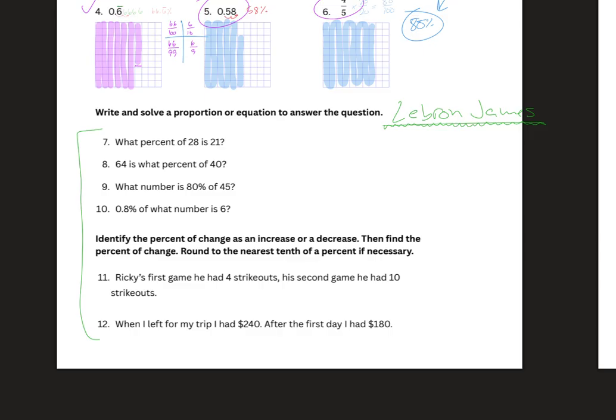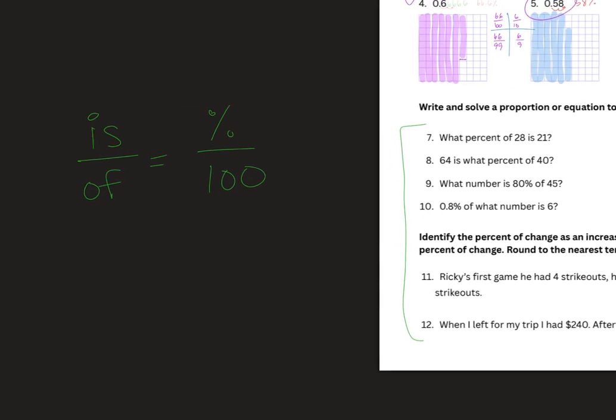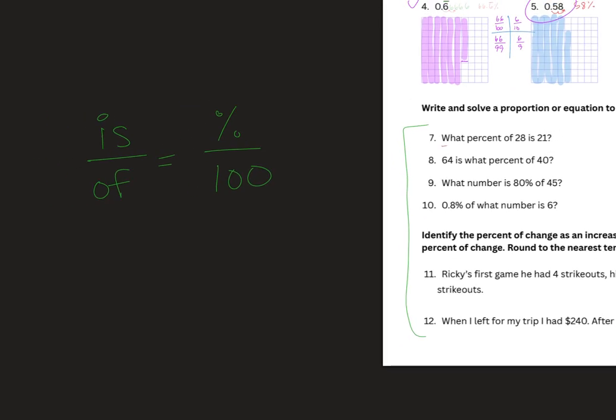So some of the strategies we talked about were this. Is over of equals percent over 100. And if you're like, what the heck is over of? Right over here, it says, what percent of 28 is 21? So there's the of, right? Of 28 is. So here's what we're going to do.